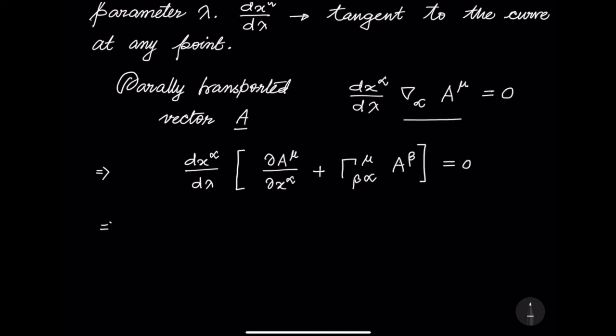If you write it more explicitly, the first term is essentially d a mu d lambda, if you use the chain rule of differentiation.